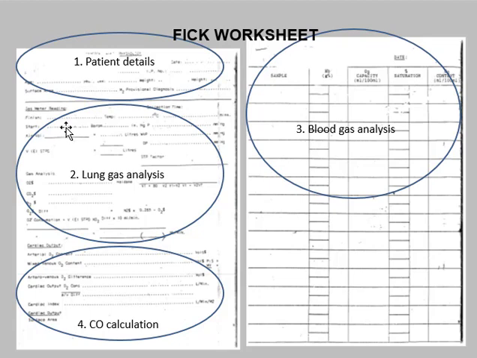Then correct for standard temperature and pressure by excluding the effects of water vapor from the patient's gases, and then perform our calculations to work out our VO2. Or, and I'll show you that as well, how to assume the value according to the patient's height, weight, and sex. Then we do our blood gas analysis, where we calculate our saturations, work out our oxygen contents, and apply both together to work out our FICK calculation. Systematically done, it's straightforward and you get into the habit.